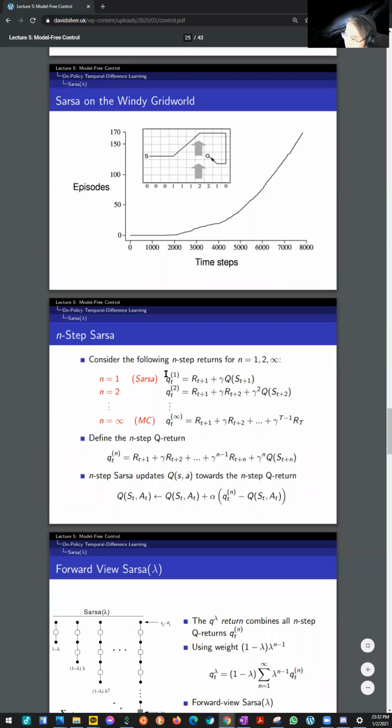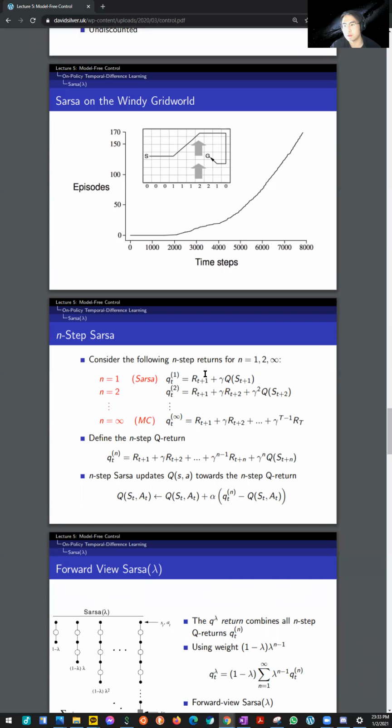This is the most naive thing, as you can see here. There's only one reward, and this is what guarantees convergence to the optimal, because the second term here is the discount rate times the Q value onwards from the next state.